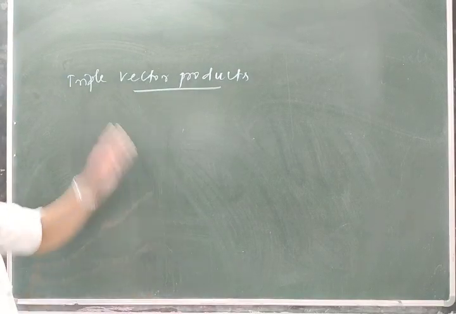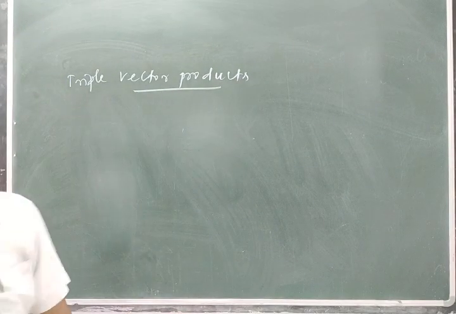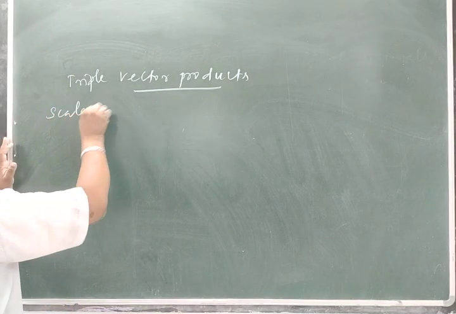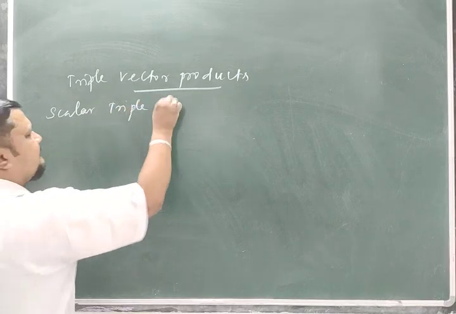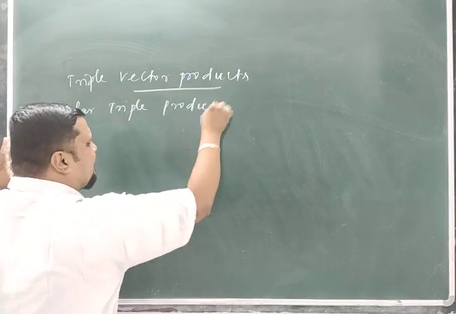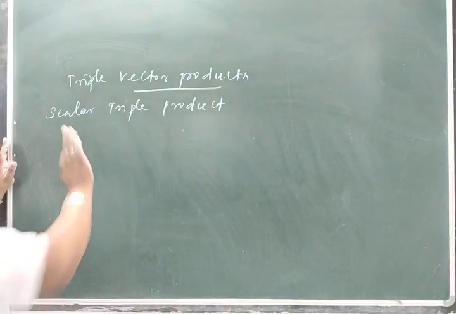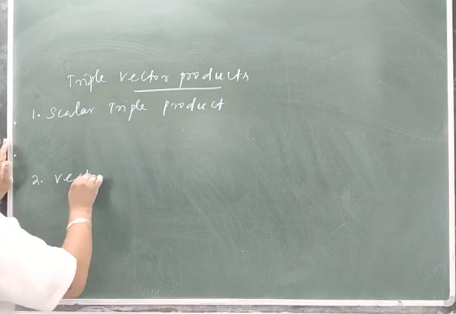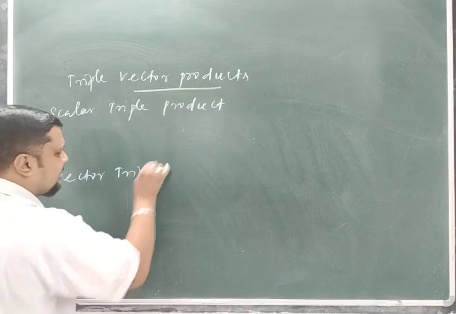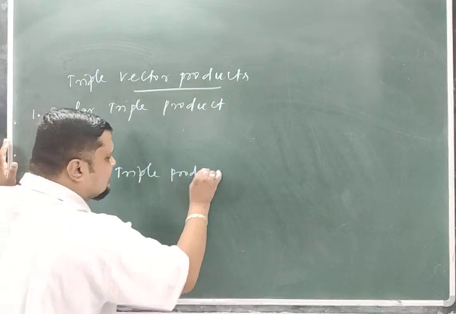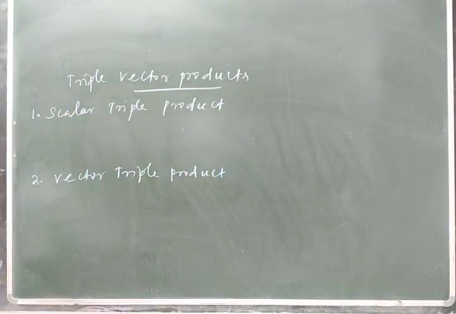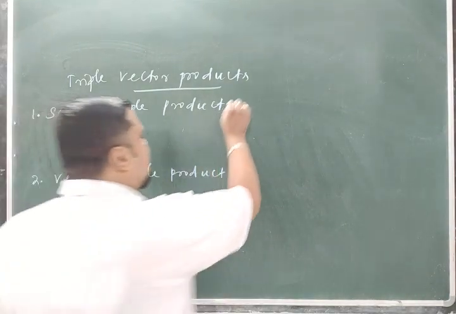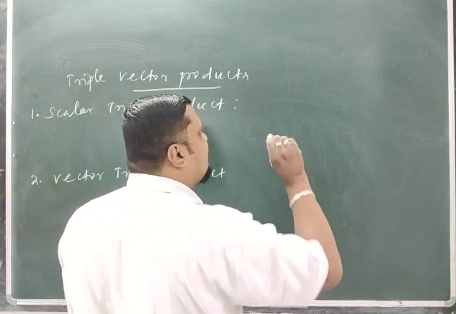So this triple vector product may be a scalar triple product, where three vectors are involved, or this may be a vector triple product. For the scalar triple product, we will write the scalar, suppose A, B and C are the vectors.